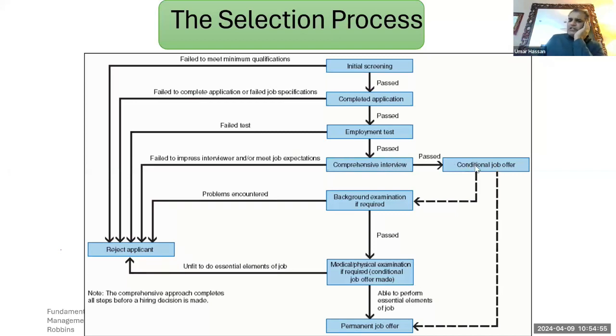What do we mean by conditional job offer? There can be some negotiation or bargaining in it. The company may offer a certain salary and the potential candidate may want to negotiate on that salary or some other terms of the job. Anyhow, if all the steps are fulfilled, then a permanent job offer is made.